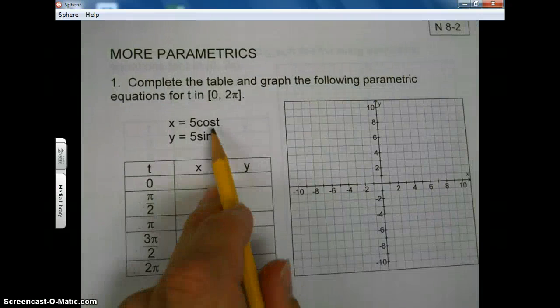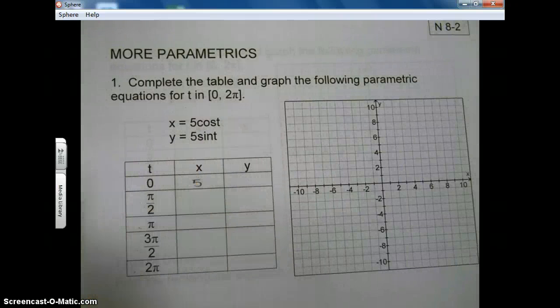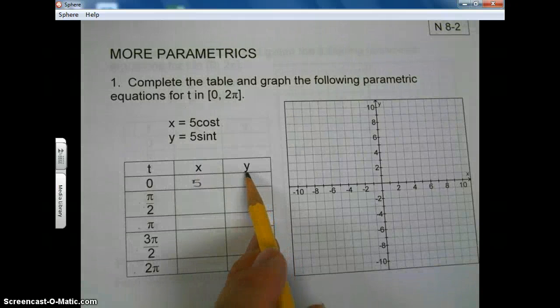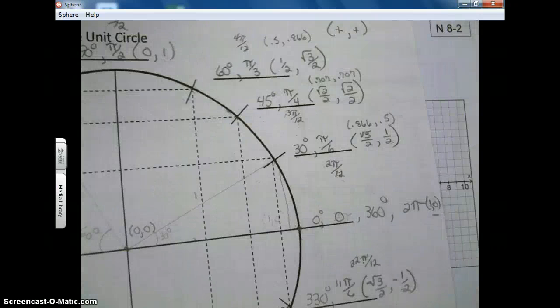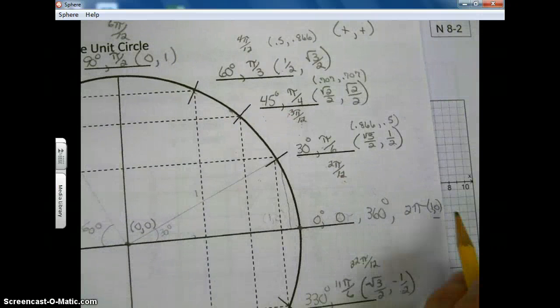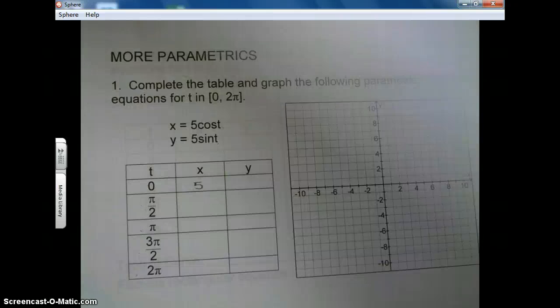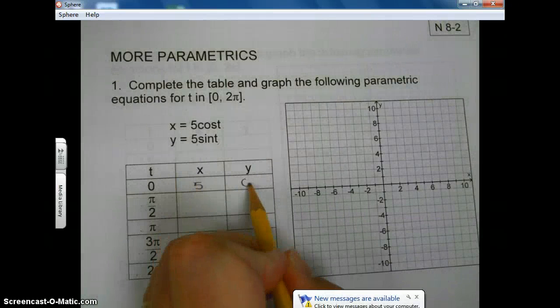The cosine of 0 radians is 1. Times 5 is 5. Now y, the sine of 0. Remember the definition of sine is y over r, so y is 0. The radius is 1, so 0 over 1 is 0. 0 times 5 is 0.